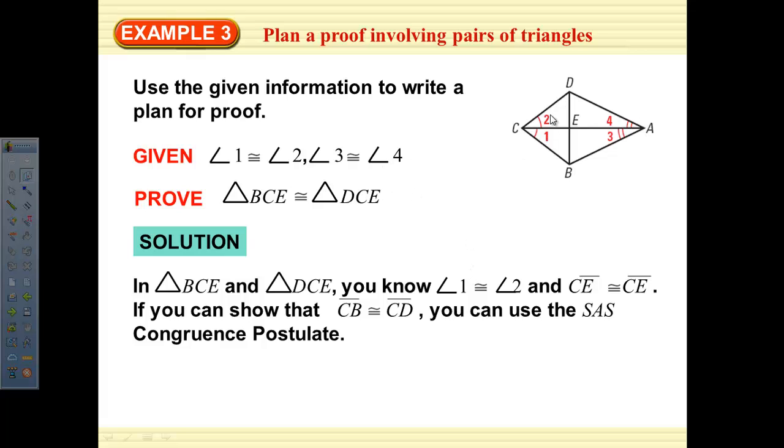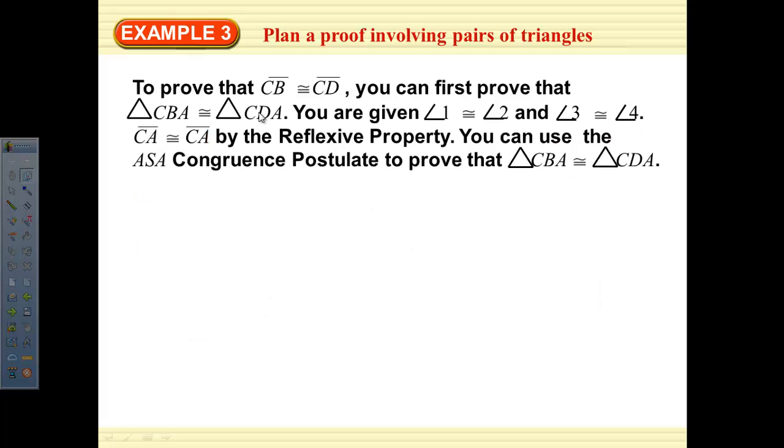So in between this, we need to look at ABC and ADC. We want to prove that ABC and ADC are congruent, or CBA and CDA. We know these sets of angles are congruent, and that common side they have is congruent, so by angle side angle, those two triangles are congruent.